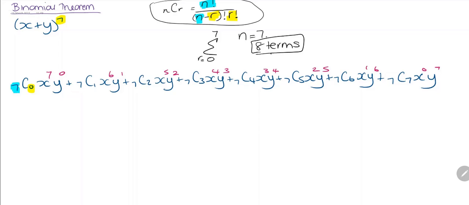So we're going to start off and we'll have 7 factorial divided by (7 minus 0) factorial times 0 factorial.